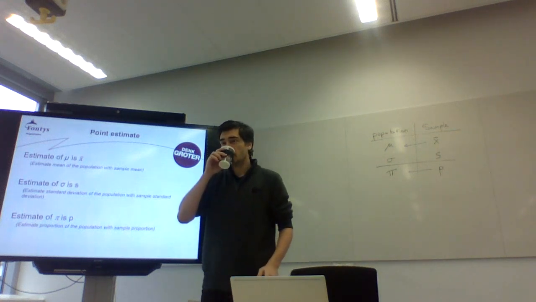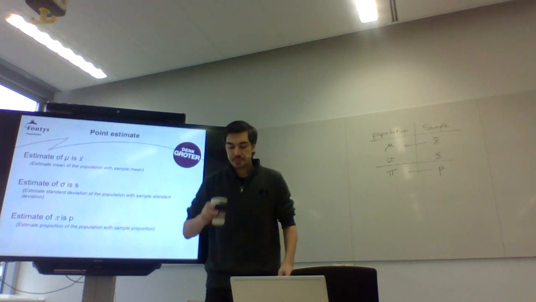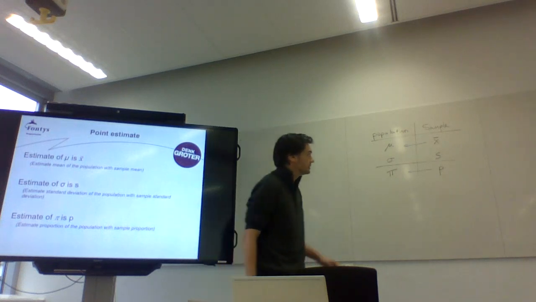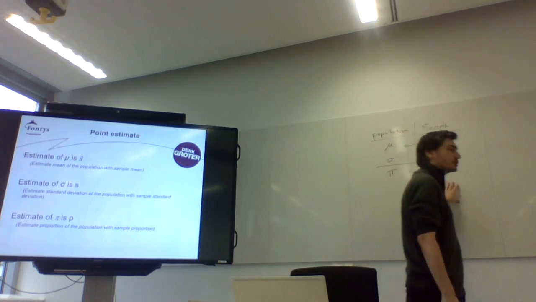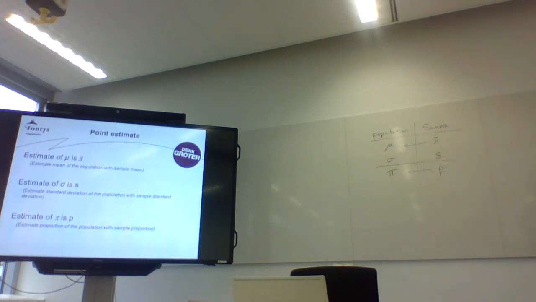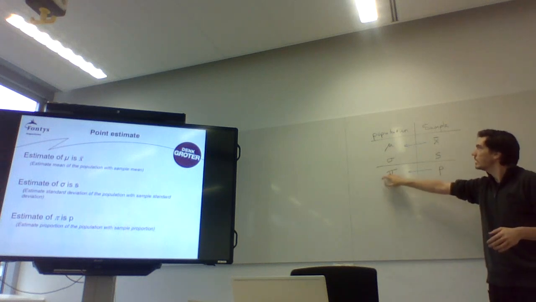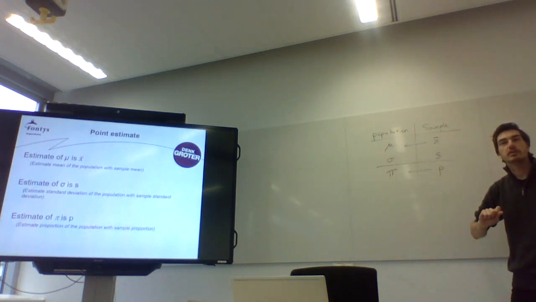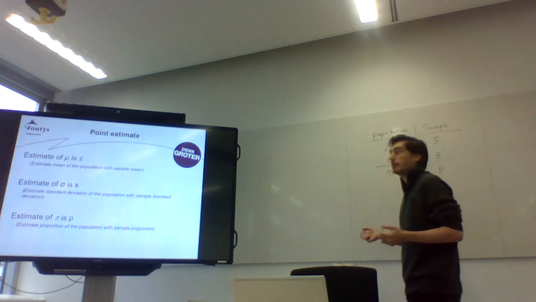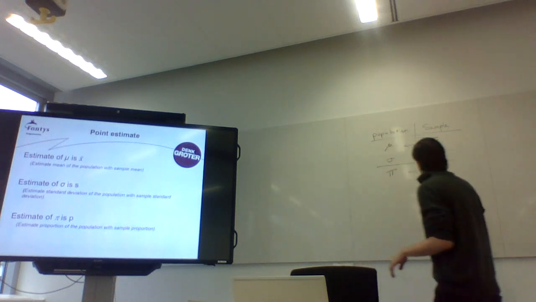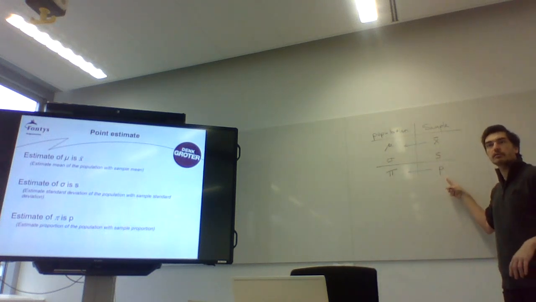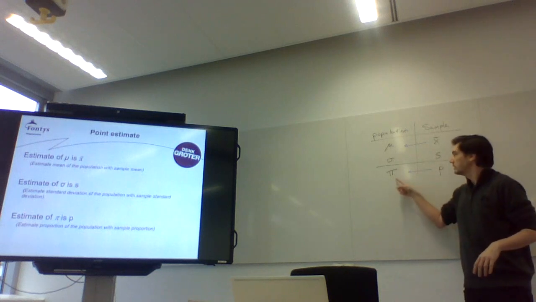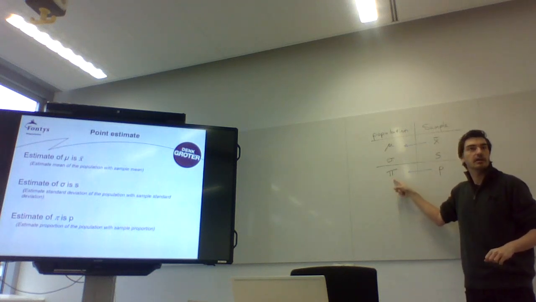So, the important part is there are symbols on the right. Those symbols pertain to my sample, and there are symbols to the left, and they pertain to my population. The easiest way to keep them apart is that these are letters from our alphabet. These are letters from the ancient Greek alphabet.